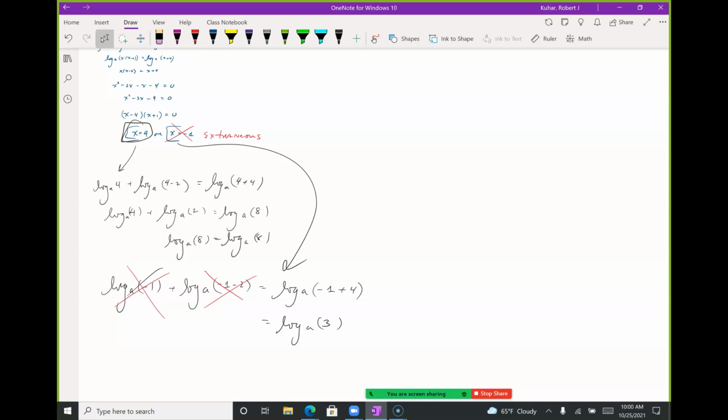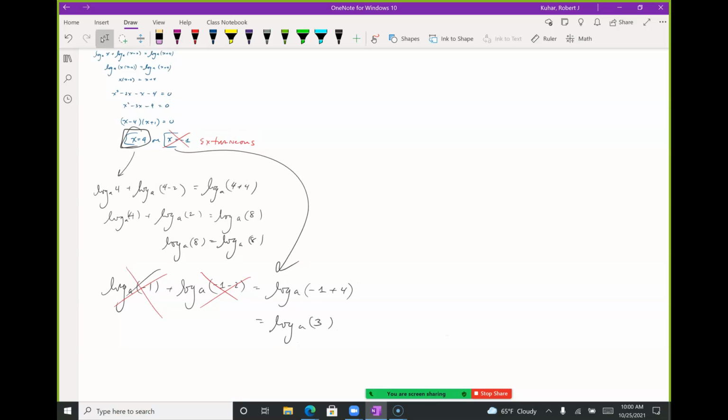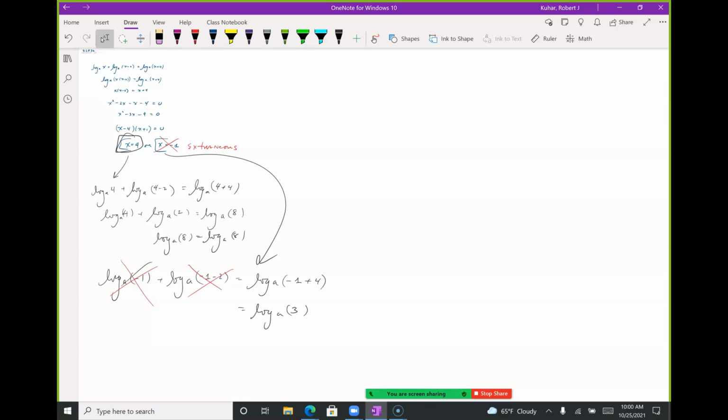Oh, yeah, extraneous. It just means when I do the algebra, I get a result, but when I check the result, it doesn't work. Extraneous. It's a false positive.